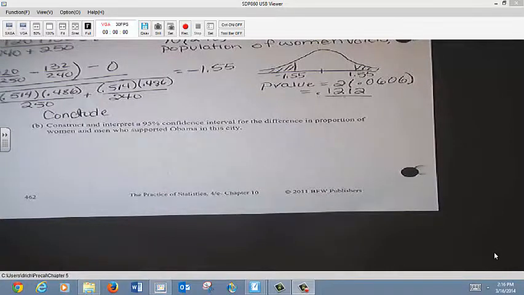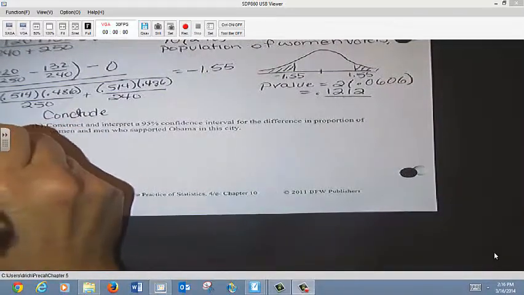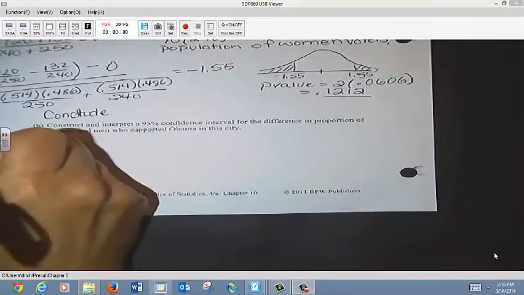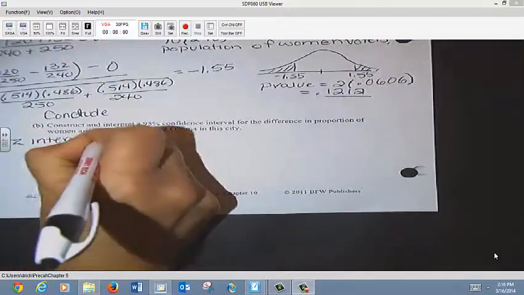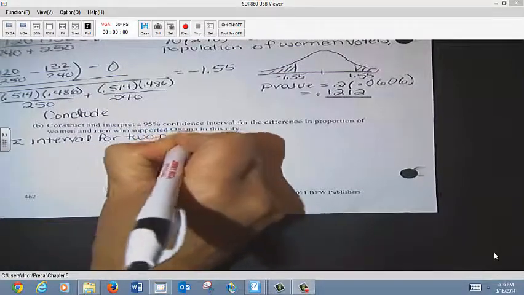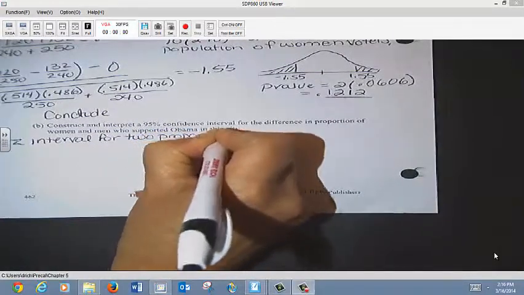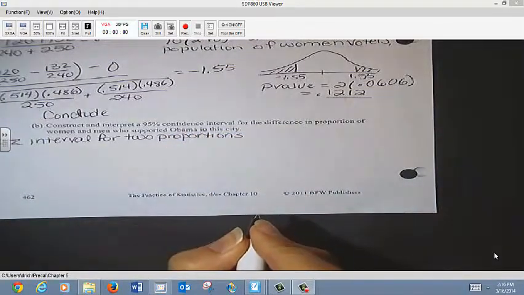We would first state we want a 95% Z interval for two proportions. We can just mention that the conditions were already checked above.